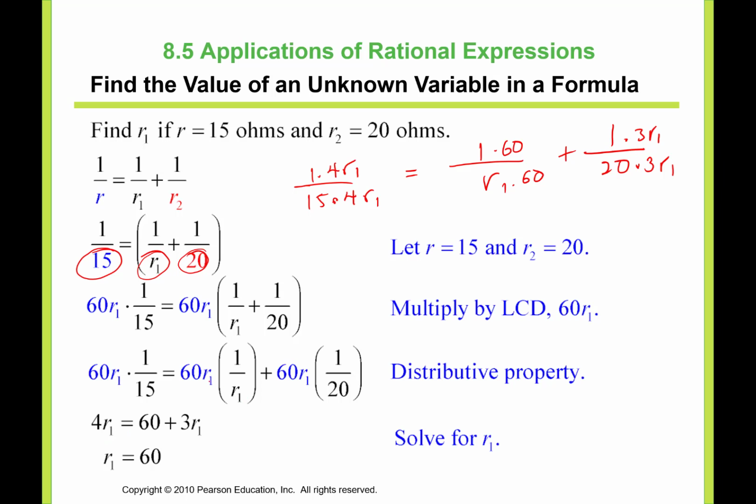Here, R1 into 60 R1 is simply going to be 60. And then 20 into 60 R1 is simply going to be 3 R1. Now, solving for R1, we're bringing 3 R1 to the left, so the result is going to be R1 equal to 20, and that solves this particular problem.